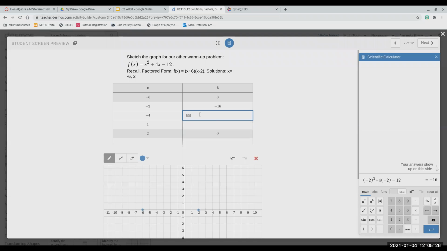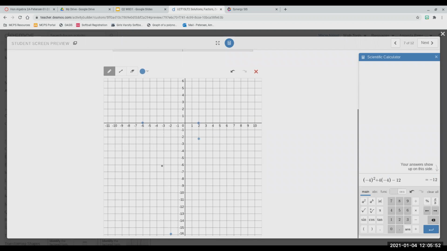How do I get the y value? I just put x equals -4 into my function. And what do I get? I get -12, which means my output, or my y value, is -12. So now I have the ordered pair -4, -12.